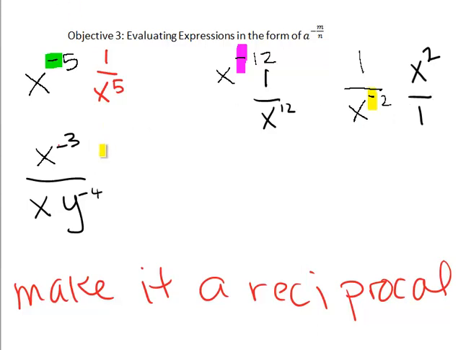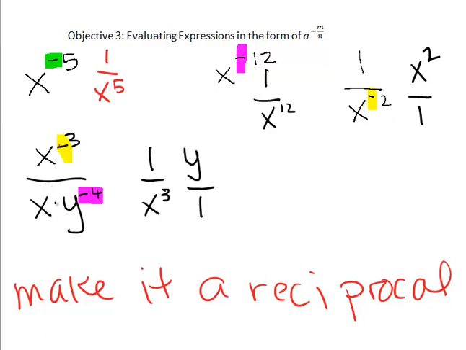Here, same thing. First I'm going to say, make me a reciprocal, so that's the same as 1 over x to the 3rd. And then this one says, make me a reciprocal, so that instead of being 1 over y it will be y over 1.